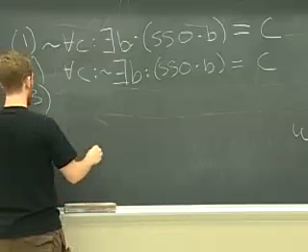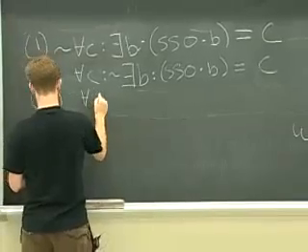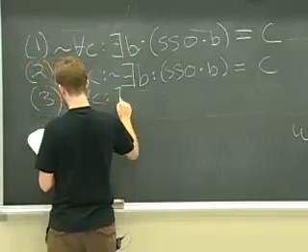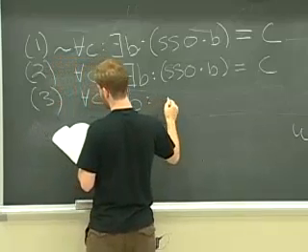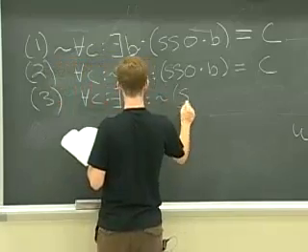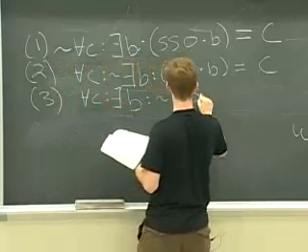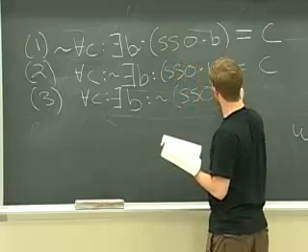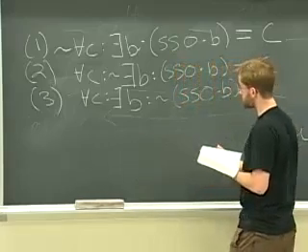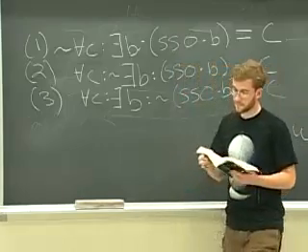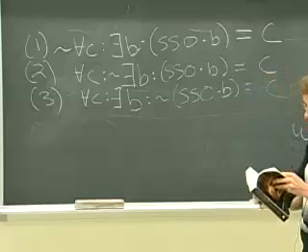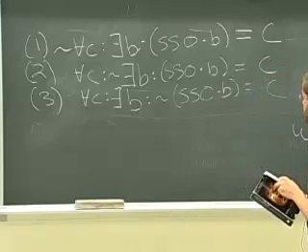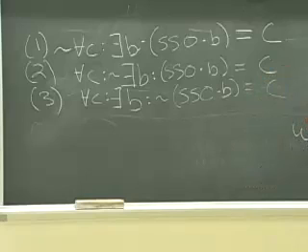3. All right, so now let's try this. For every C there exists a B, not tilde, I mean, SSO dot B equals C. For every C, there exists a B that is not 2 times B equals C. Okay.